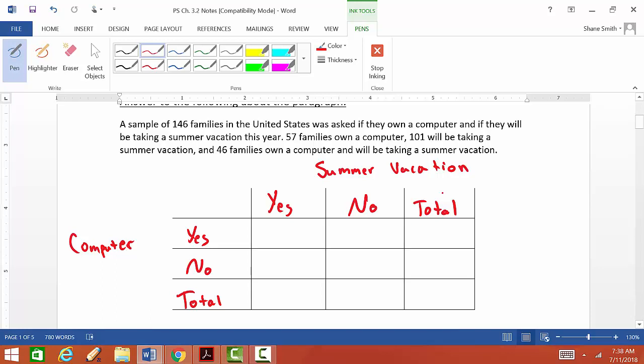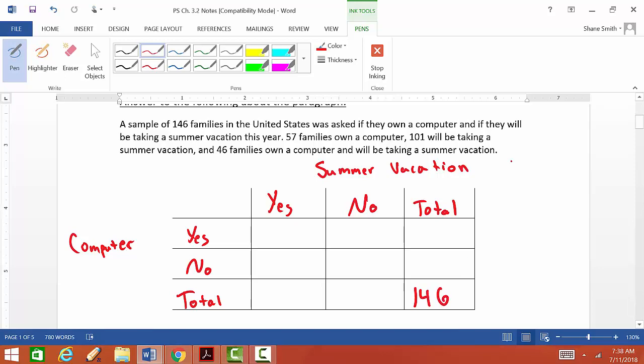So we want to put the numbers in this table based on the information that we have. Read the information again and then try to put the numbers in the table and see if you get the same thing I get. When you put the numbers in the table, it says there are 146 total families. So that is 146. And then it says 57 own a computer.